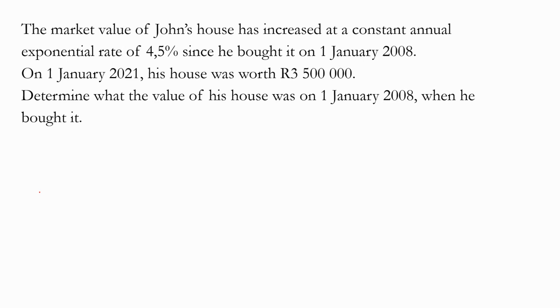Let's do question 7a. The market value of John's house has increased at a constant annual exponential rate of 4.5% since he bought it on 1 January 2008, and then on 1 January 2021 his house was worth 3,500,000.